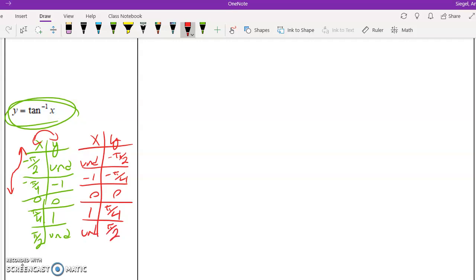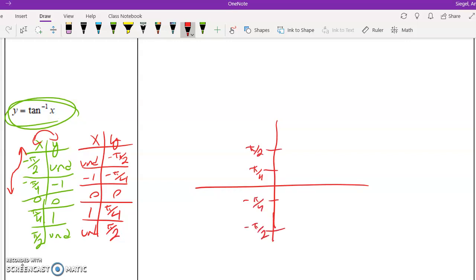So I'll go ahead and graph this. Let's see, I'm going to do my y values like this. Oops, pi over 4, let me erase that. Okay, so remember these y values used to be our x values.